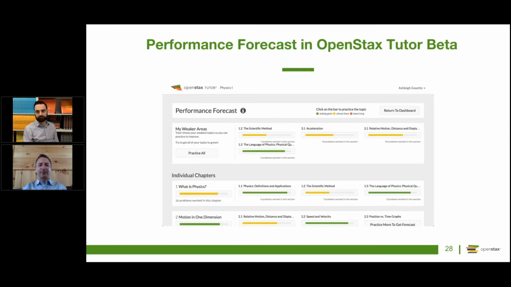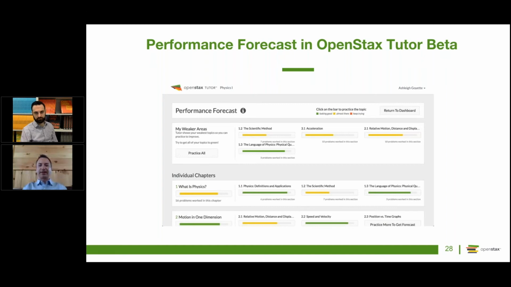The way that we implement this in OpenStax Tutor is to take the output of our SPARFA and other machine learning algorithms and display these results on a performance forecast page. This page enables students to view their relative levels of success on each of the topics in the course, and very importantly, it gives them an action that they can perform.